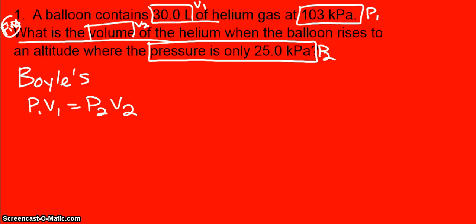So at this point, I have three of the variables I need, and I simply have to solve for the unknown. So I'm going to plug in and figure out what I have so far.